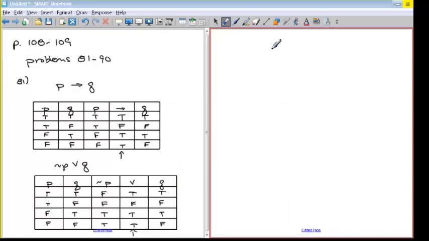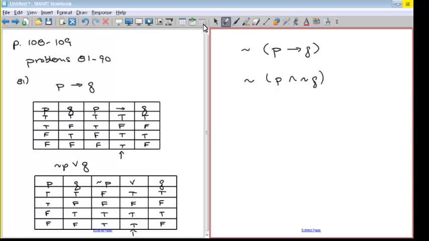Now, I do want to point something out. If you get something like this in parentheses, with a negation out front of the parentheses, it means that you do everything in the parentheses and then you take the negation of it.